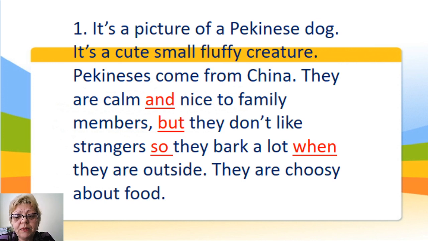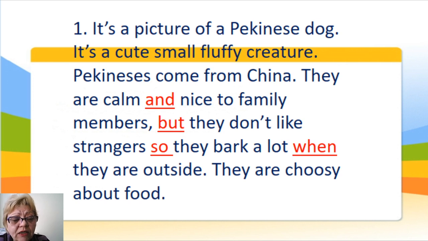Итак, посмотрите, мы сказали, о чем это картинка, да, наша general idea. It's a picture of a Pekingese dog. Затем мы дали описание этой собачки, cute, small, fluffy creature, немножечко истории, откуда они появились, и затем их характеристику. Опять обратите внимание на слова, которые помогают нам соединять предложения. They are calm and nice. Да? And добавили информацию, спокойные и хорошие.